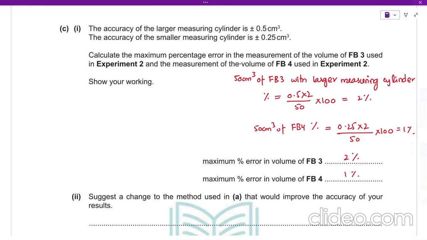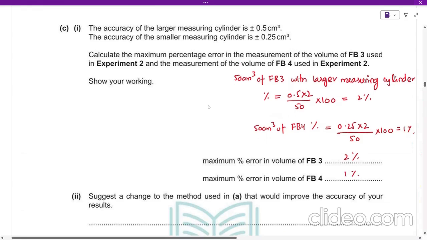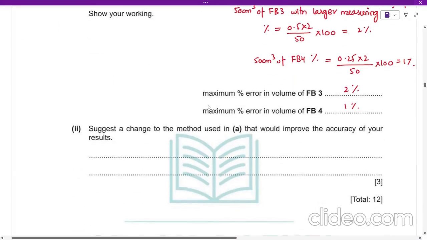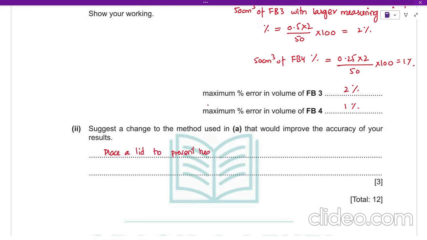Now they are telling us to suggest a change to the method used in A that would improve the accuracy of your results. So what we can say is that you can place a lid to prevent heat losses, or you can use glass wool insulation.